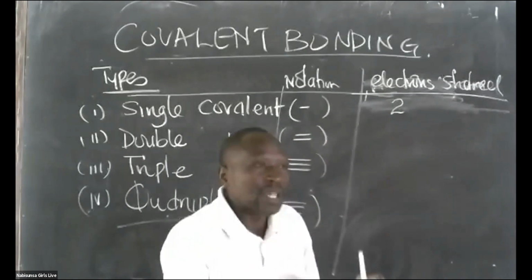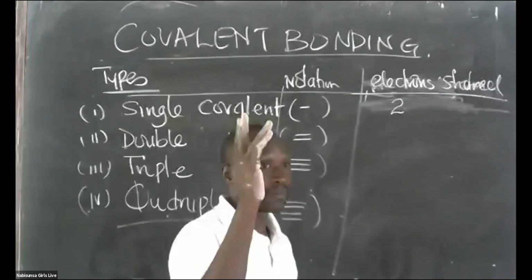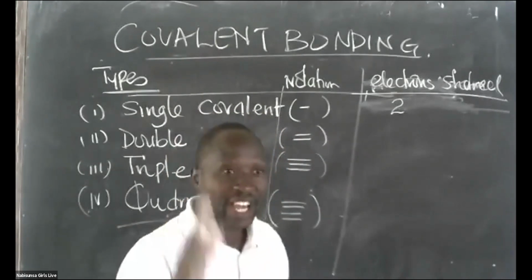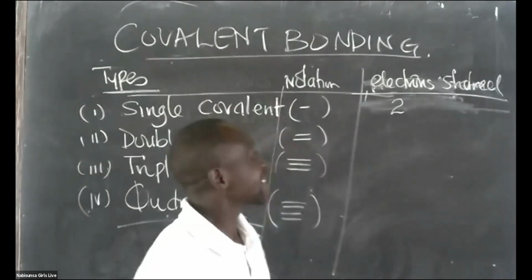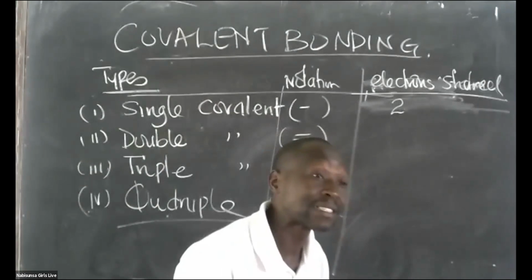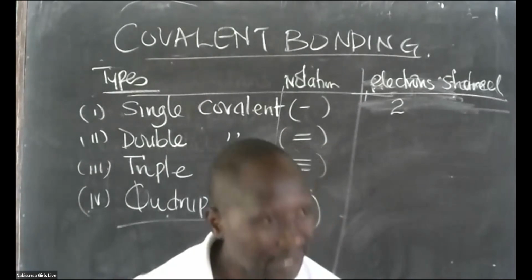So sharing is going to take place so that atoms have a total of 8 electrons in the outermost energy level. Sharing is going to take place such that each atom has how many electrons in the outermost energy level? 8. We shall see.